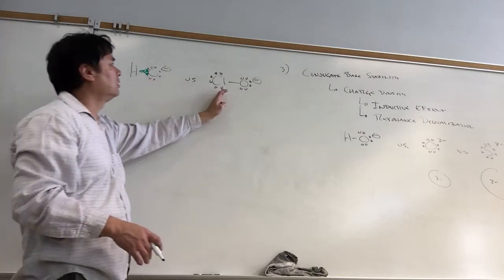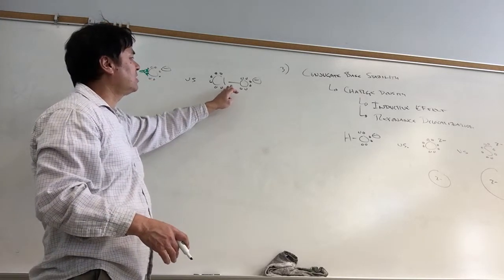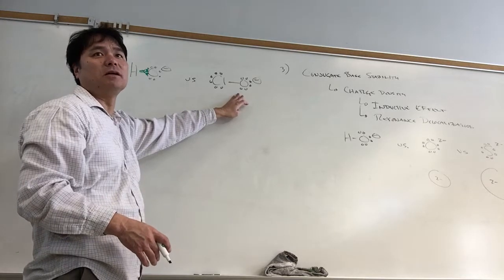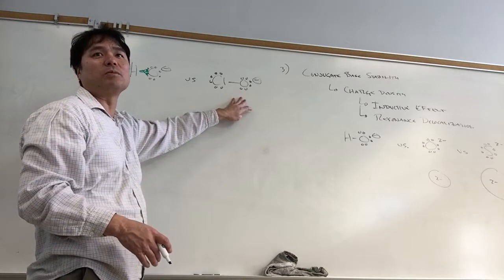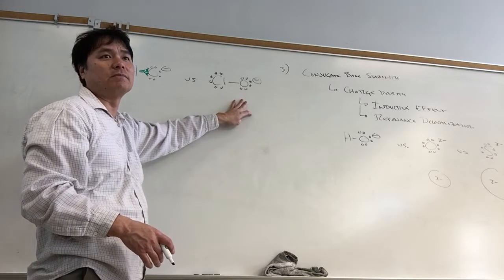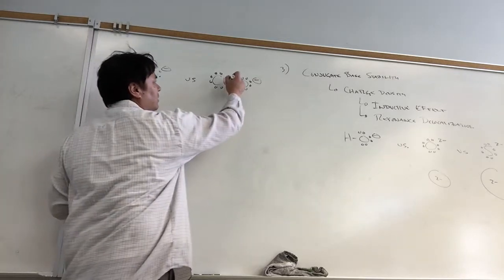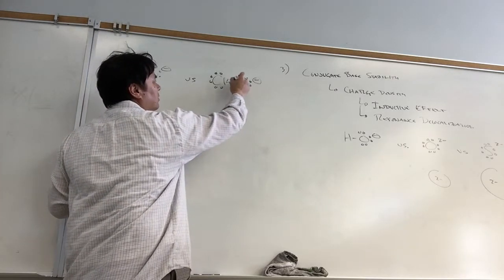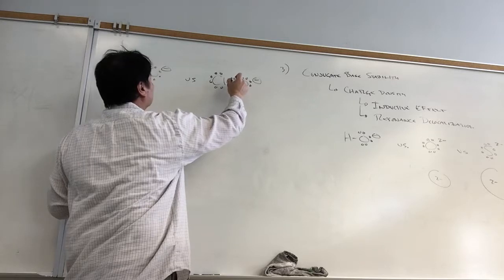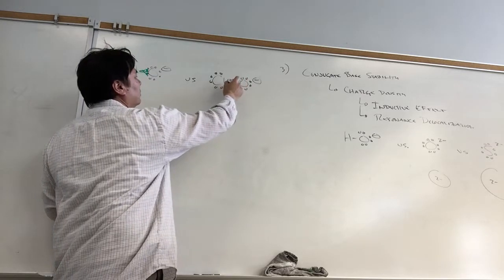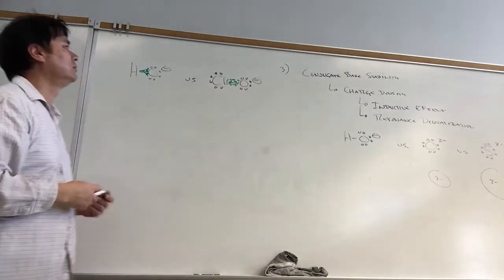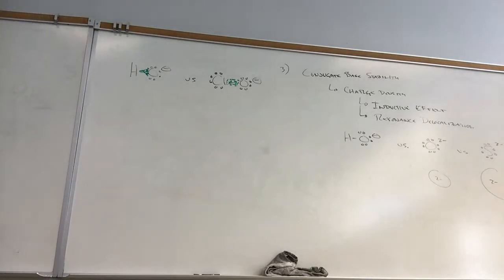Whereas over here, if we look at the sp3 sigma, chlorine and oxygen are more comparable in terms of electronegativity. And so if there's a tug of war, it's not going to be lopsided. It's going to be more even. And so here is how that sp3 sigma would look.